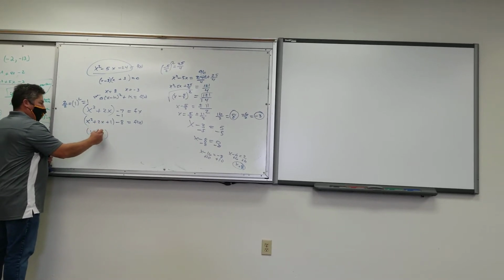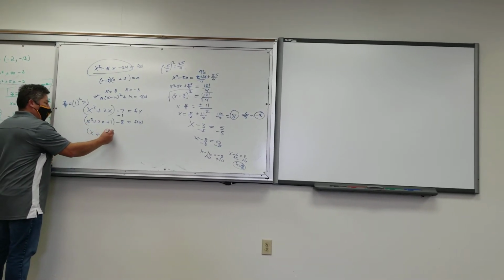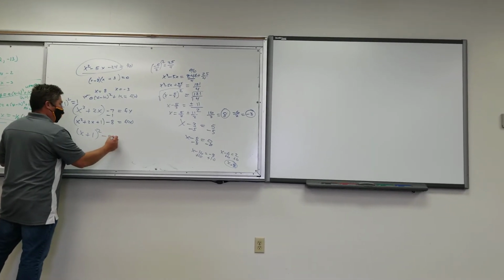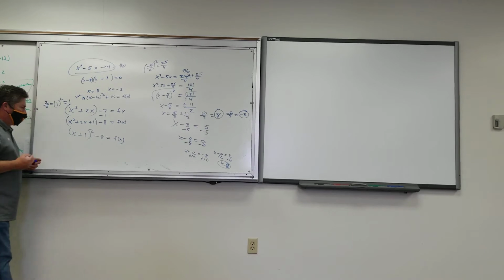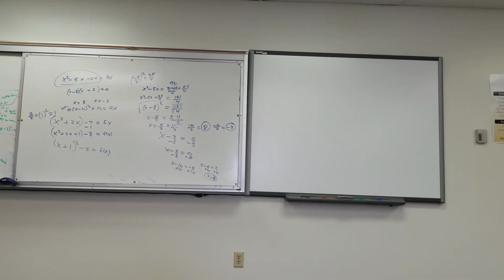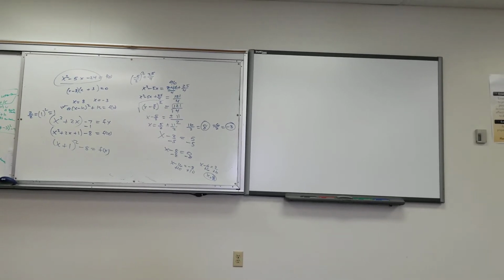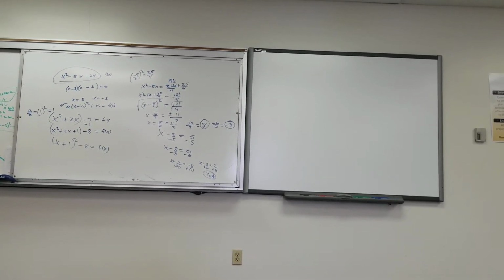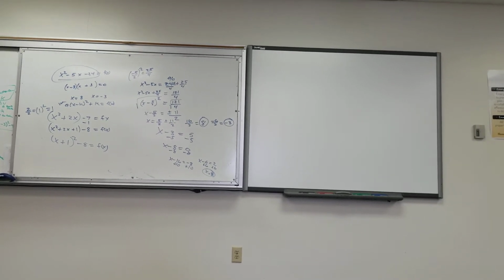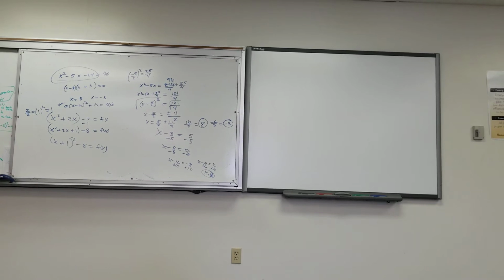Square root, sign in the middle, squared. Minus what? 8 equals f of x. The vertex is (-1, -8). And the a value is 1. And I just turned it into what form? Vertex form.